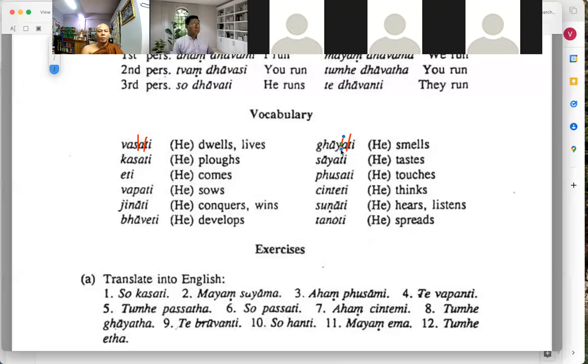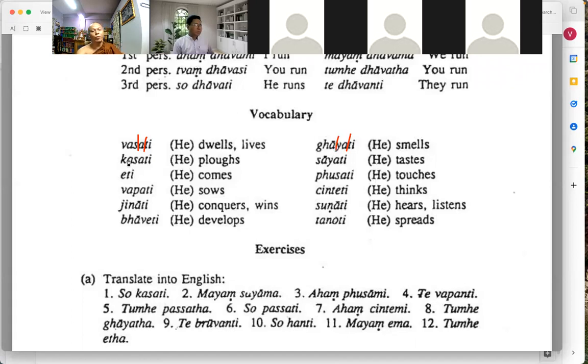So the sign is ya, and the root Ga means to smell. Okay, how do we divide and analyze? That is based on your familiarity with Pali. At the very beginning, the ya sign may be difficult for you, but later you will see, oh, this is ya. Here you have the root Ga.